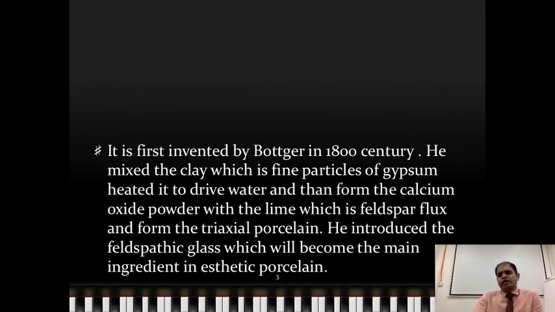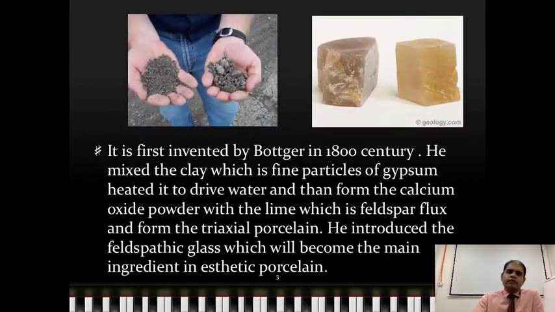In the 1800s, a person called Bodger first mixed gypsum with feldspar flux, or we call it feldspathic agent. The word feldspar is actually a German word. Fels means field.